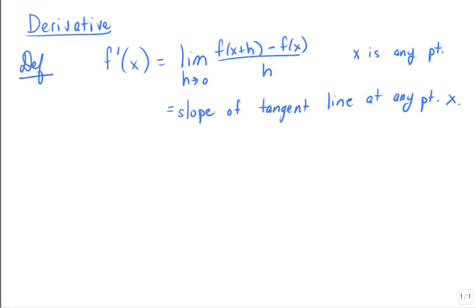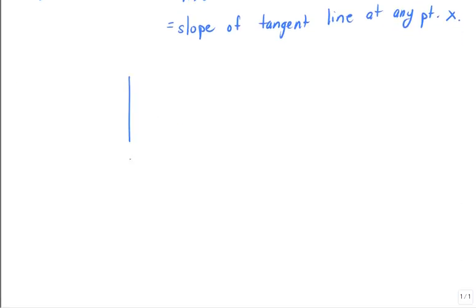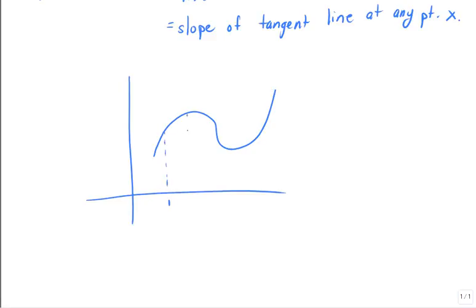So, for instance, if we look at this, suppose this is our function, and suppose these are a few points. The derivative is going to tell us a lot about the function.